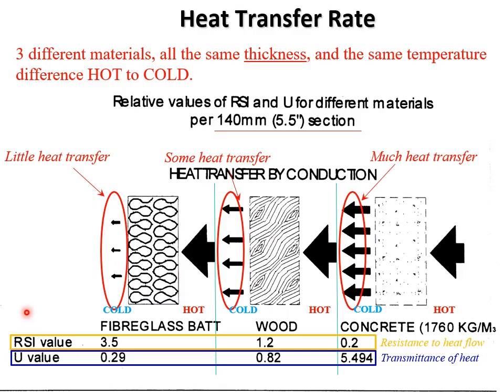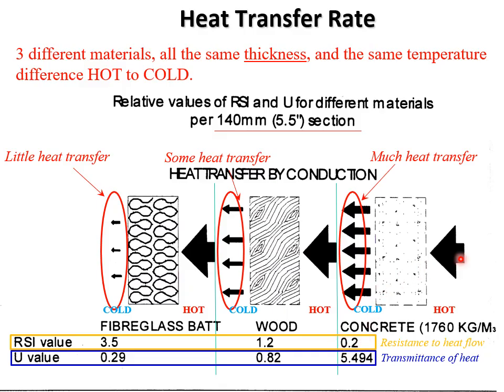Basically, one is used in the rest of the world and the other in America: the R value is the American one, and RSI is the rest of the world. Think of R as resistance, the resistance to heat flow, and you can see that the resistance to heat flow is very little in the concrete.